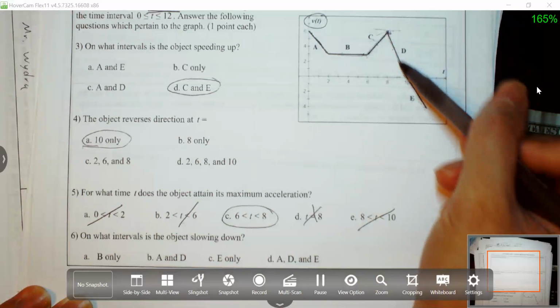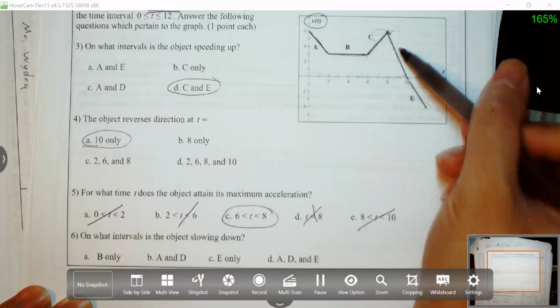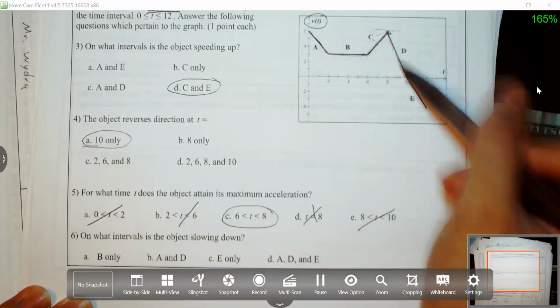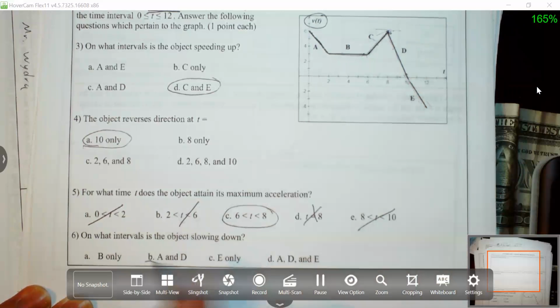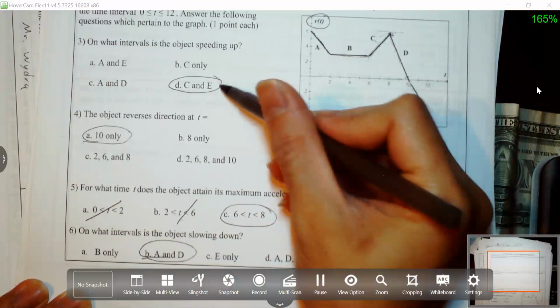Right here, my velocity is positive because it's above the x-axis, but acceleration is negative because the slope is negative. So it's actually A and D. Letter E, you're actually speeding up as we answered for number 3.